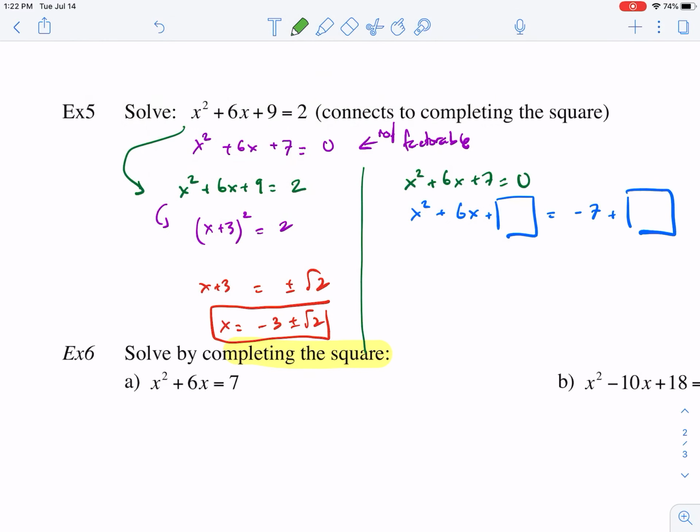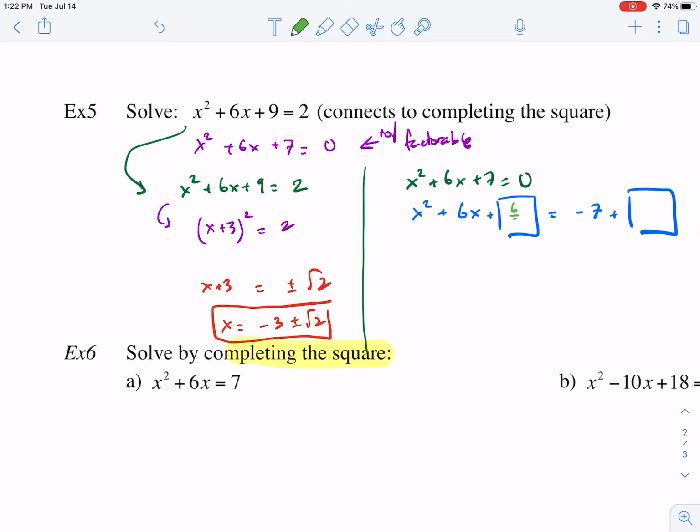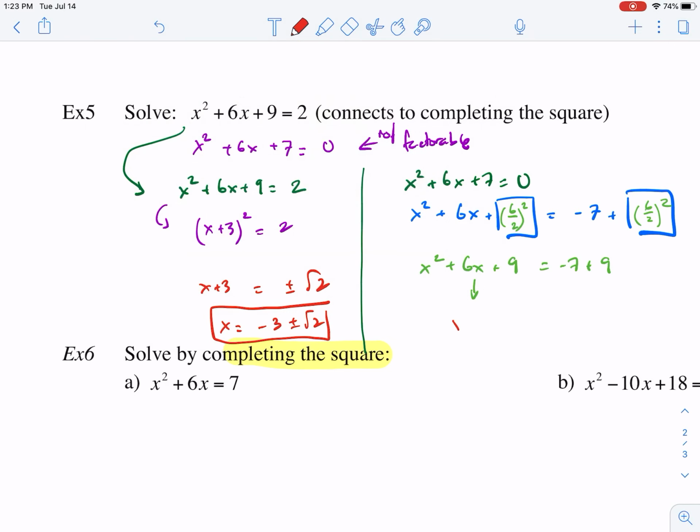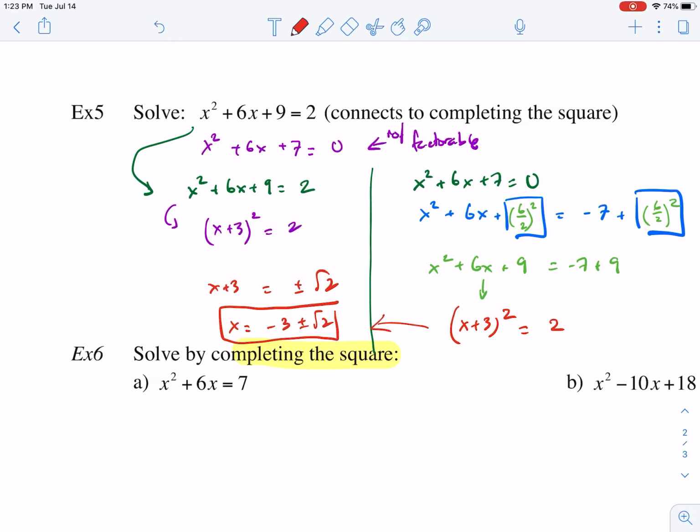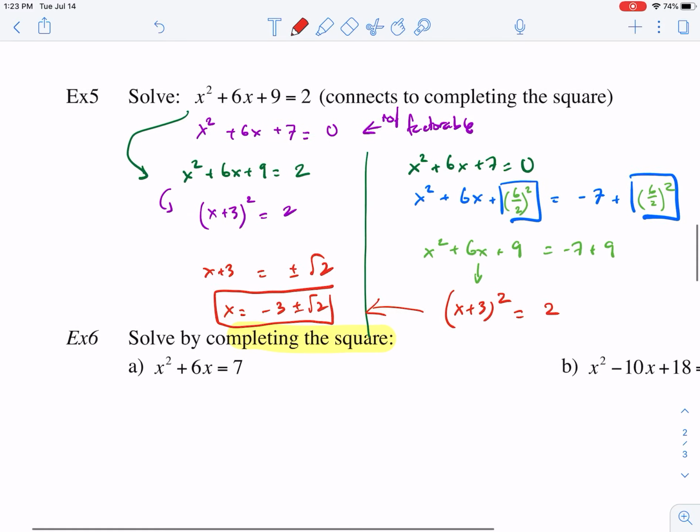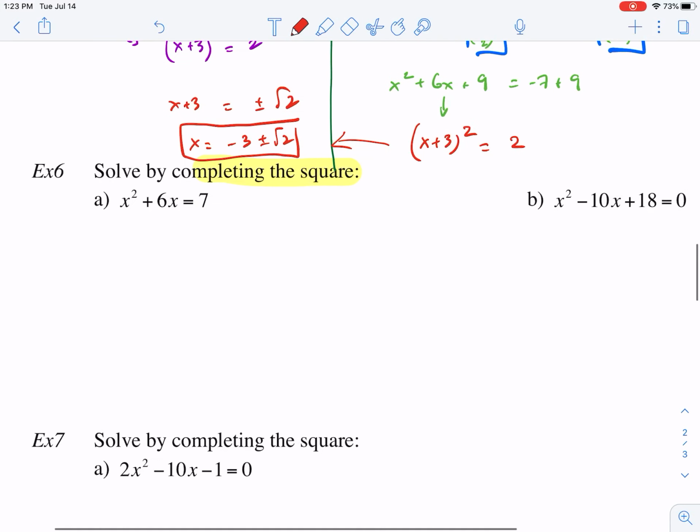The trick is we divide the 6, the middle term, by 2, and then we square that, and we do the same thing over here as well. On the left-hand side, we get a 9 for the constant. By adding to both sides, the left-hand side is a perfect square. And that gives us the same answer. To force a perfect square, the last term is half of the middle term, squared. And that's what we did there in part A.